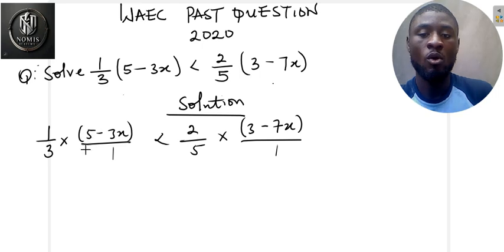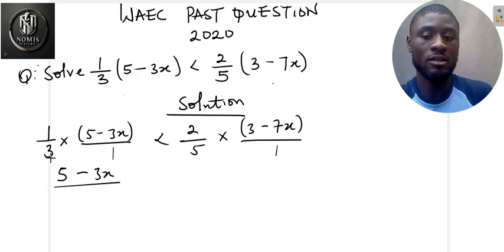So 1 multiplied by 5 gives 5 minus 3x, because 1 multiplied by minus 3x remains the same thing. Then 3 times 1, 3.